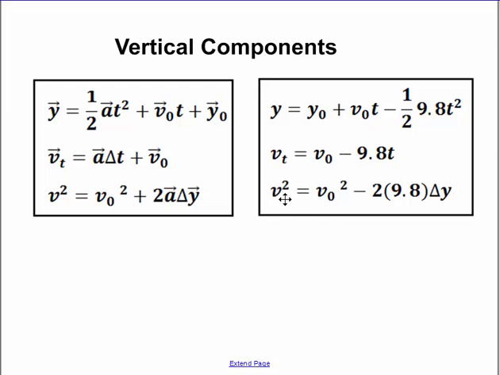And then my final velocity, or some velocity at some time interval, squared is equal to the initial velocity squared minus 2 times 9.8 times the change in my y position. So we'll be dealing with these three equations when dealing with something traveling vertically.